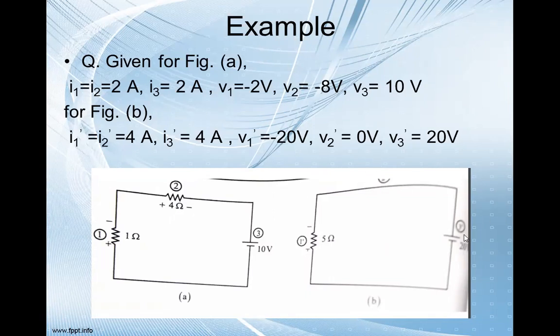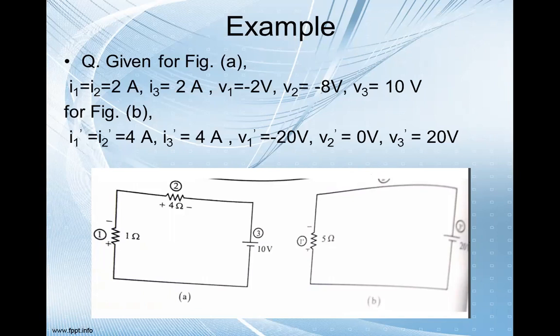I3 dash is also 4 ampere. V1 dash equals -20 volt. V2 dash is 0 because it is short circuited, and V3 dash is 20 volt. So this is the data which is given.